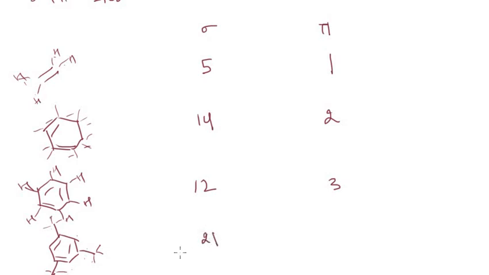It has 21 sigma bonds, and the number of pi bonds is 3.